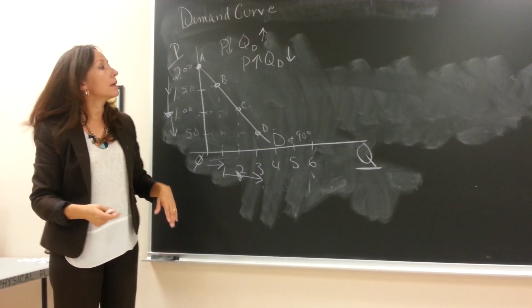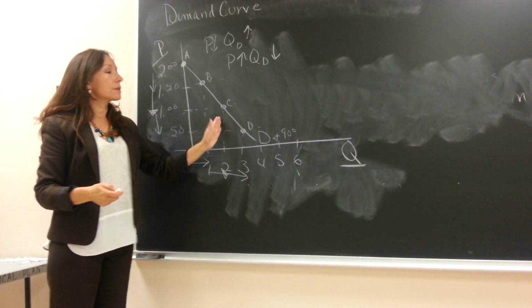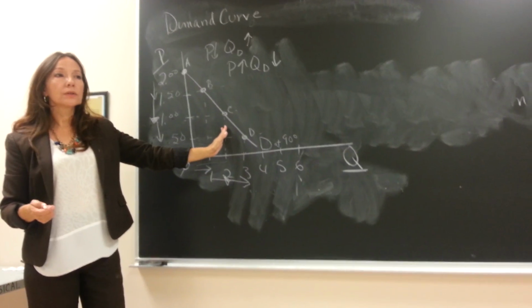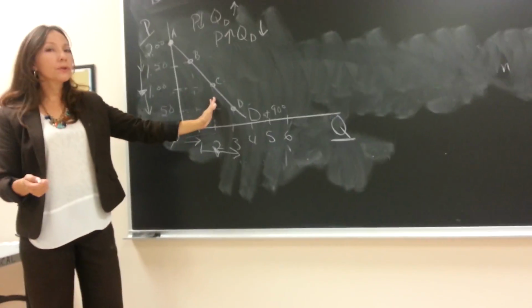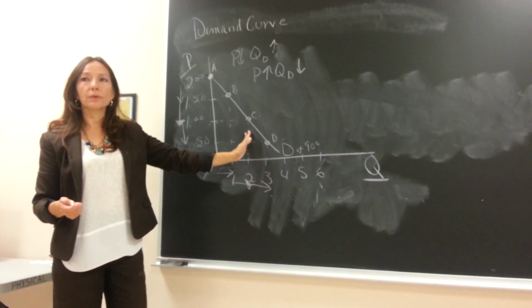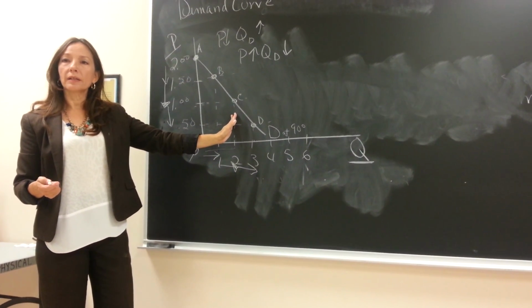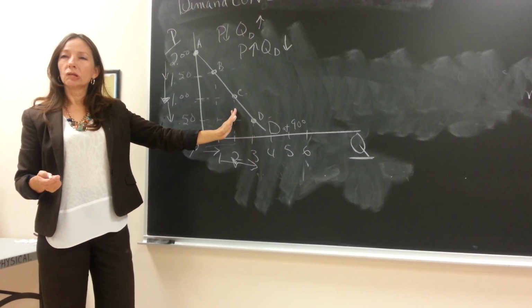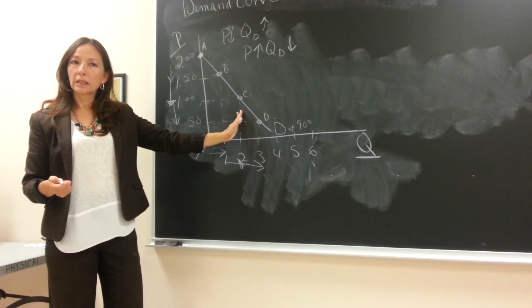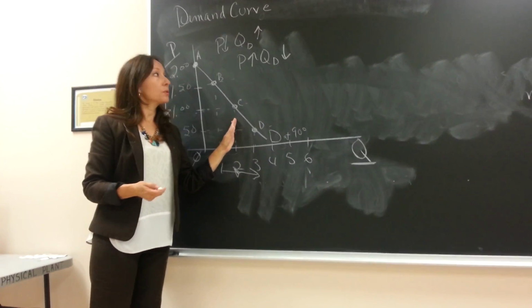Okay, and this is logical common sense, right? So what type of curve is this? Is this an inverse curve, a direct curve? Inverse? What does inverse or negative mean when you're talking about curves? One goes up and the other one goes up? Yes, one goes up and the other goes down.